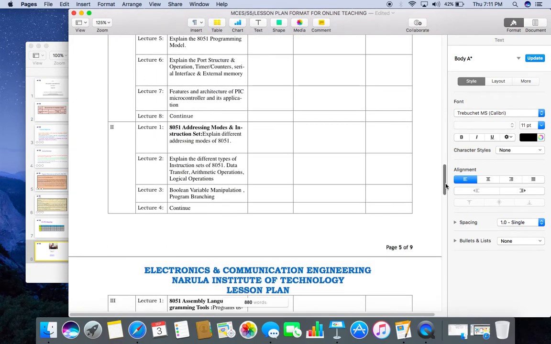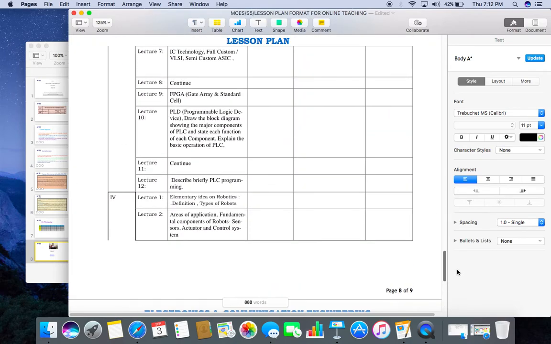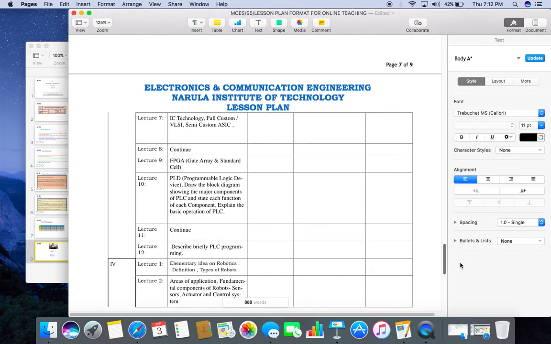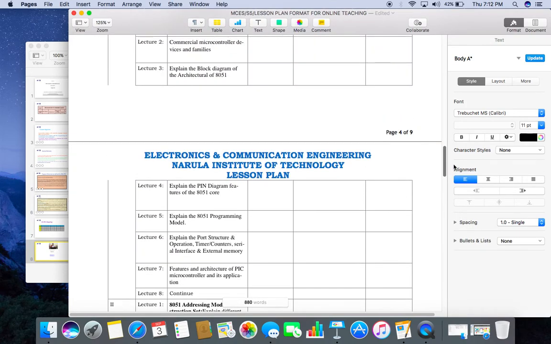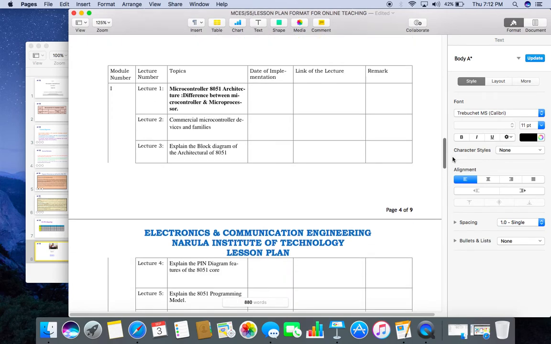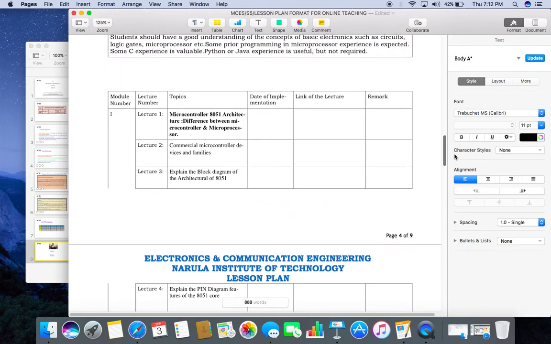This has 5 modules. In the first module, it is about microcontroller architecture of the 8051.